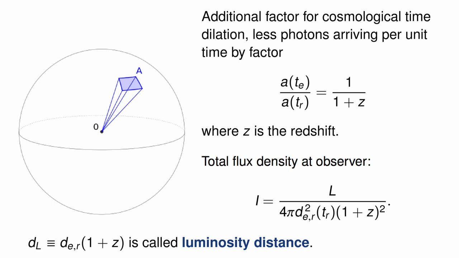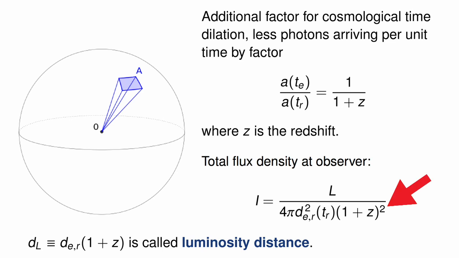So if I put everything together, then my expression for the flux density I is the following. Here is the luminosity up there. Down here is the distance squared. So far we're doing nothing different from the non-cosmological case. That's the usual inverse square law. The only thing I need to note is that this distance is the distance evaluated at the time tr, the time that the light reaches my detector.